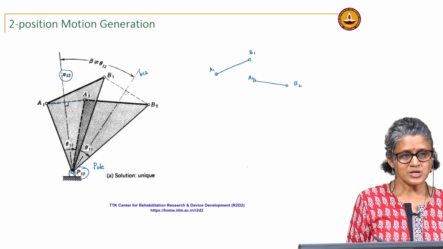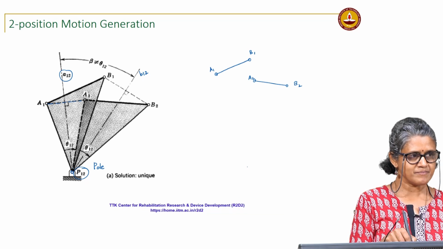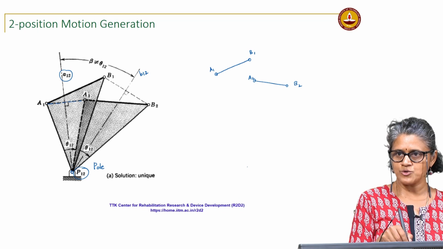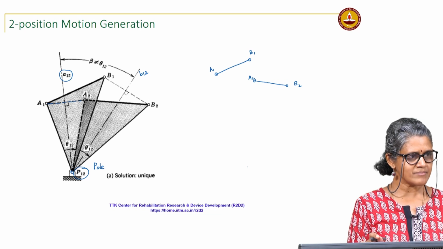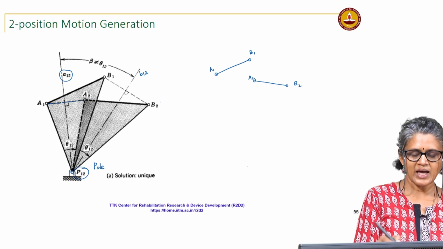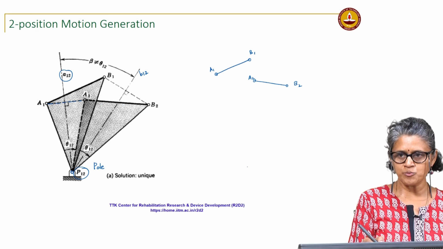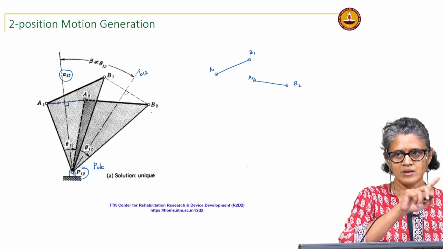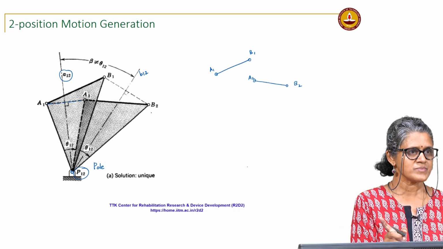In other words, if I pivot the body at P12 and rotate it about that, then I achieve the orientation A2 B2 by means of a pure rotation.